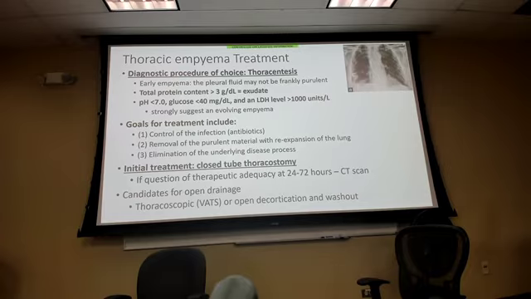So even though we want to do the CT, that's more so for surgical planning, looking at what it looks like from the inside, but we still have to test that fluid to figure out what type of fluid it is. Okay? We can also take that fluid and get cultures from it so that now we have specific antibiotic coverage. Okay? So we still have to take the fluid, still have to do a thoracentesis.